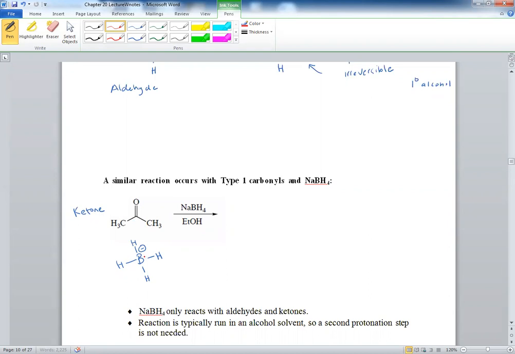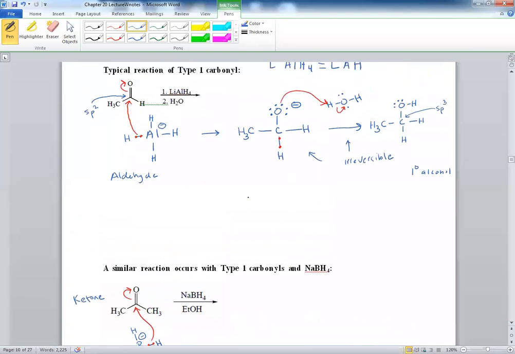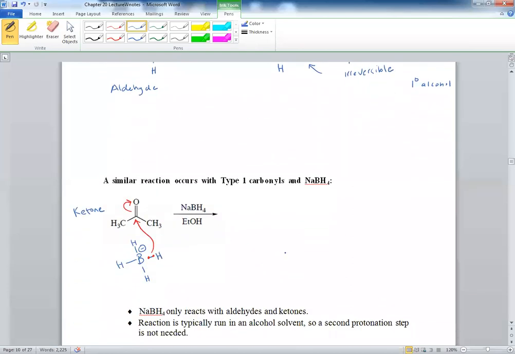So we can take this. You should pause probably and draw the next part. It's really nothing different, except now you have ethanol as a solvent instead of water in this case.